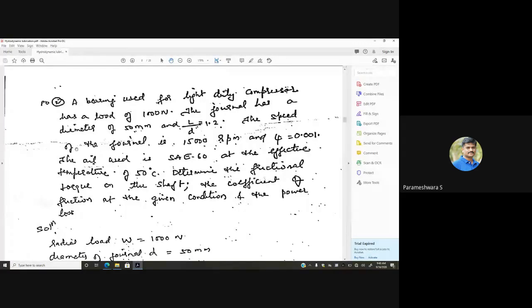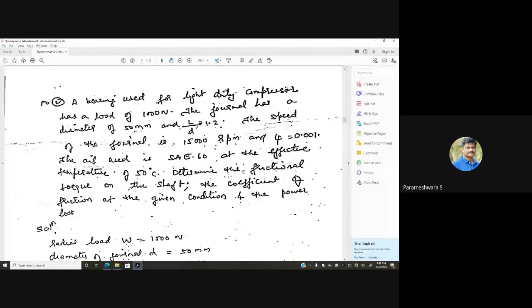The oil used is SAE 60 at the effective temperature of 50 degrees Celsius. Determine the frictional torque on the shaft, the coefficient of friction at the given condition, and the power loss. So this is the problem statement.